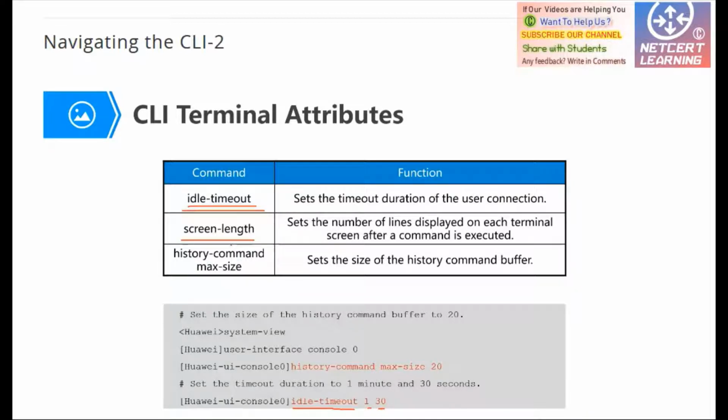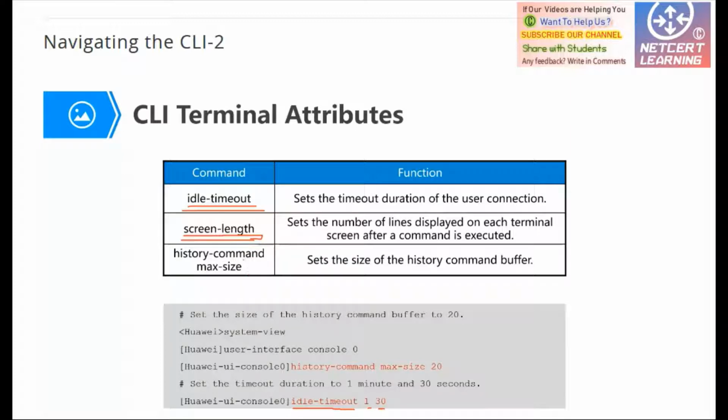By default, it's 24 lines as one screen. For the next 24 lines, you must press any key, then the next screen will show. If you want to adjust it, you can use the screen-length command.